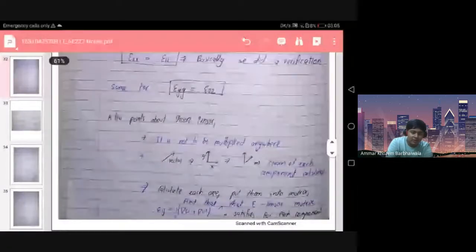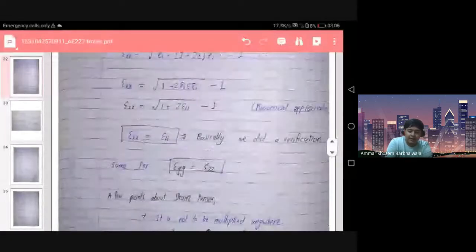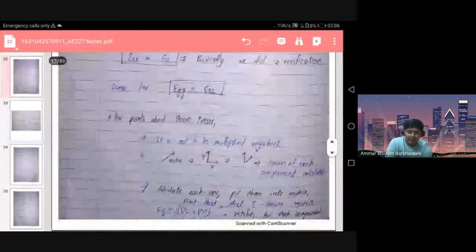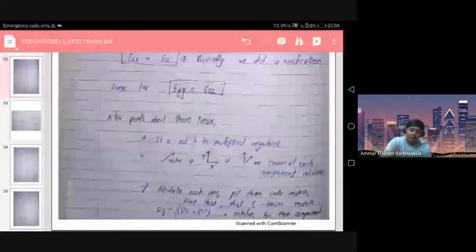So these are a few points about the strain tensor. It is not to be multiplied anywhere. If I have a vector, I can convert it into x and y components, and find the strain of the x component and y component of that.